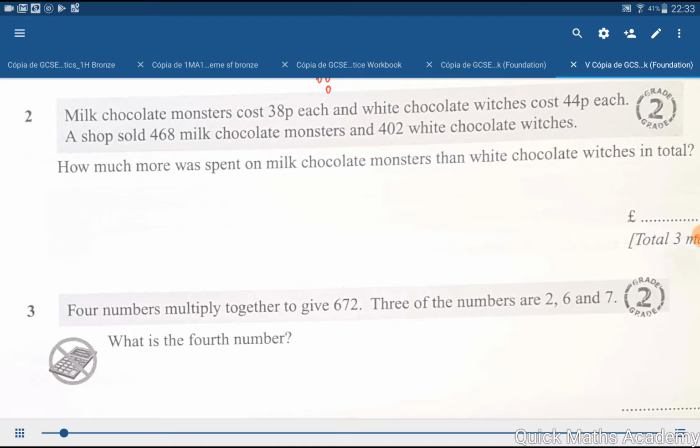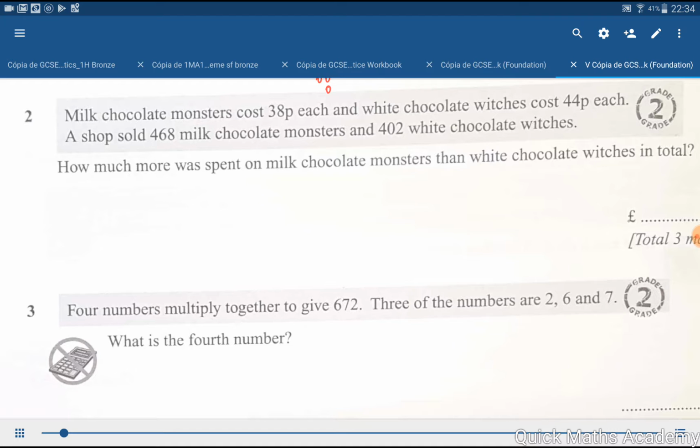Okay, so what we have to do is to calculate how much money was spent on each one of them, okay? So we have the monsters, there are 468 that cost 38p, and we have the witches, which are 402 and cost 44p.